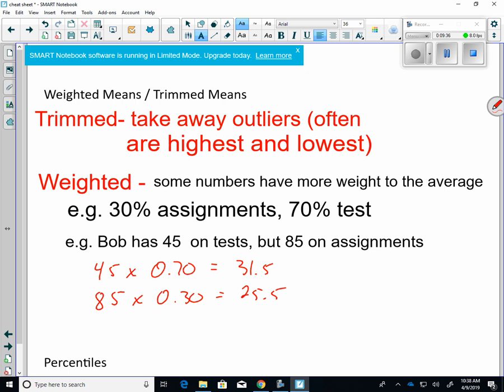And then what do you do at the end? Add them together. 57. 57% is the mark.